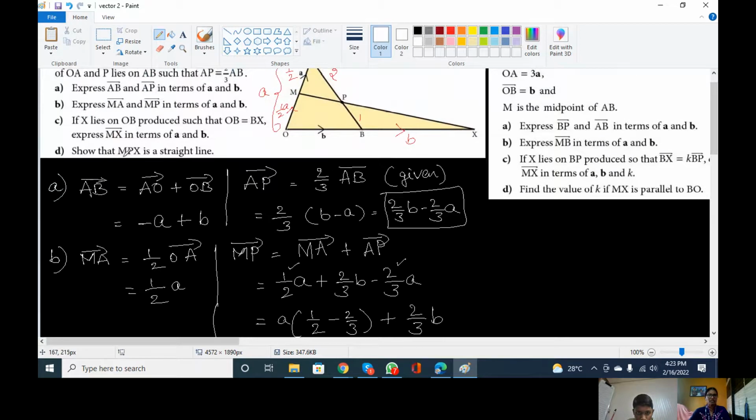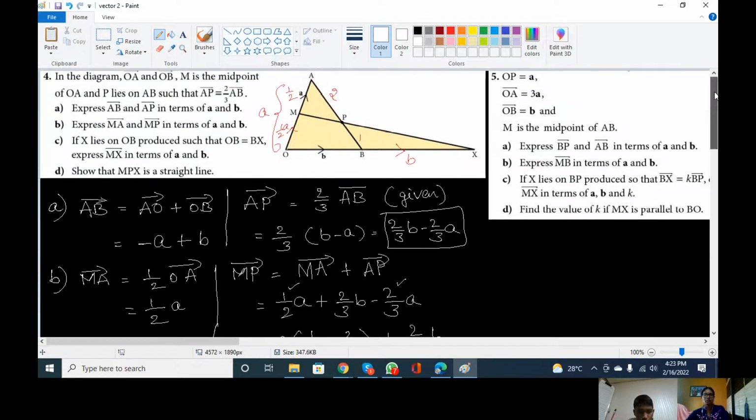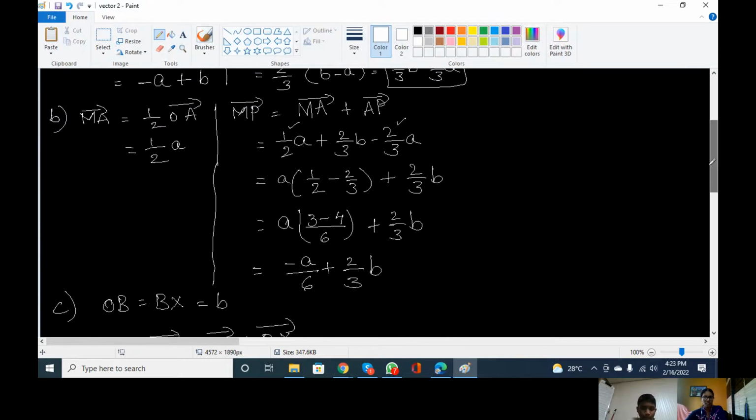Next, D. Show that MPX is a straight line. So you need to find the relation between MP and MX such that they are all on a straight line. Let's compare the two vectors, MP and MX, then we can find the relation.